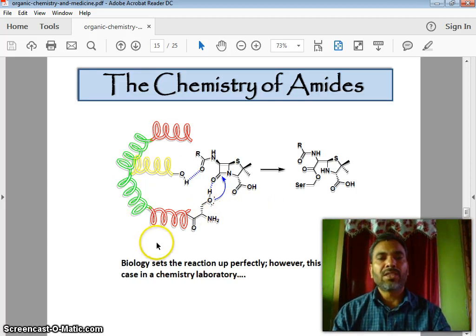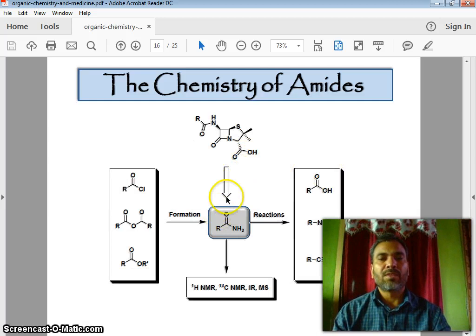The biology sets the reaction up perfectly. However, this is not the case in a chemistry laboratory. You see how this is attached. This OH is coming from your biological part, and this is your organic molecule. How is it doing this?